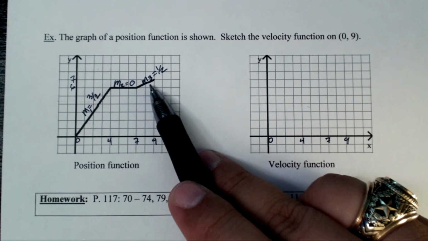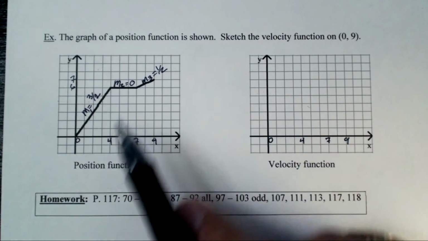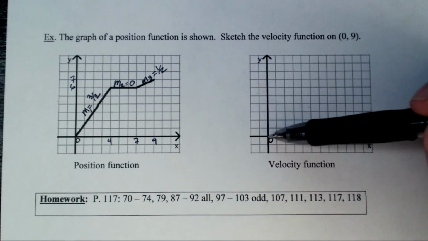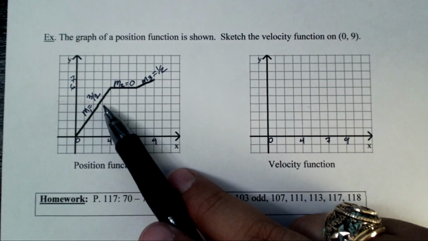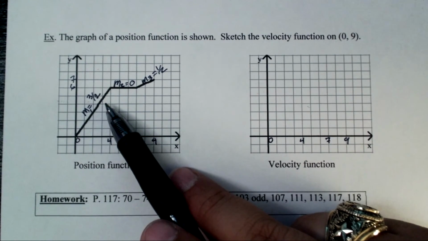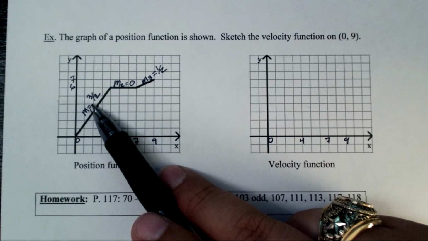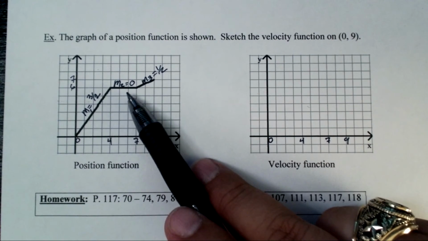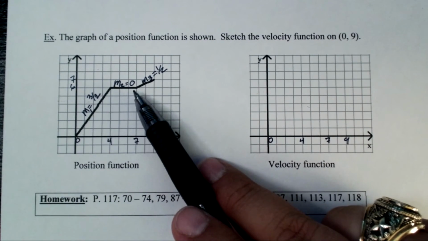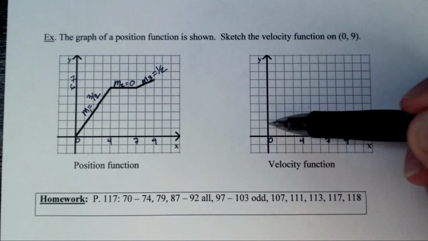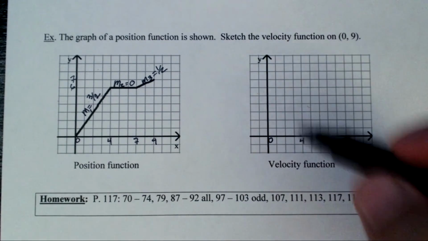Okay. So then what we need to do is we need to make our graph representative of the slopes we have. Okay. So I'm going to say, since we have 1/2 or 3/2 and 1/2 and then 0, okay, let's go ahead and make every 2 a 1/2.